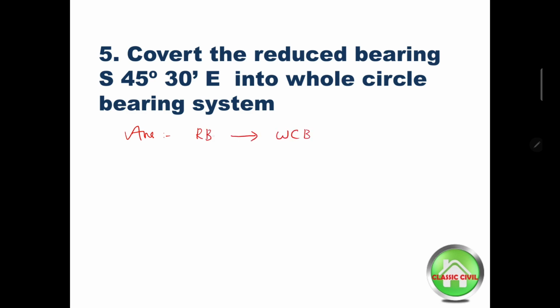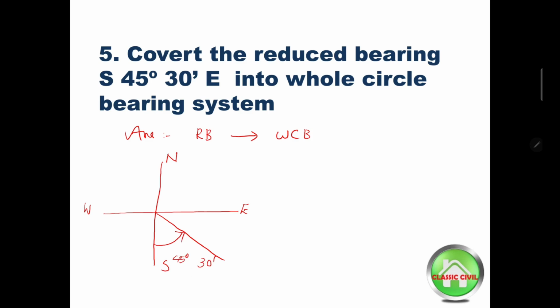In reduced bearing, the angle 45 degree 30 minute represents, here is our north and here is east, south and west. South to east, this much angle is 45 degree 30 minute.